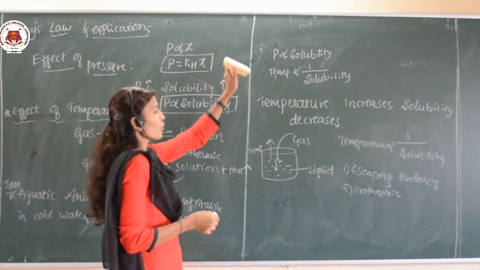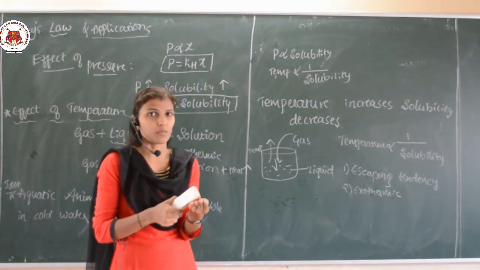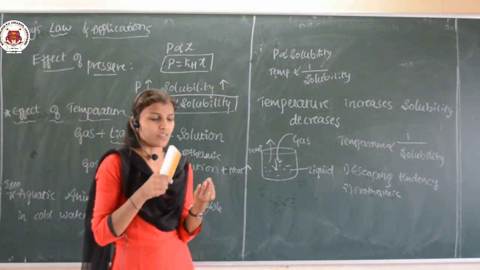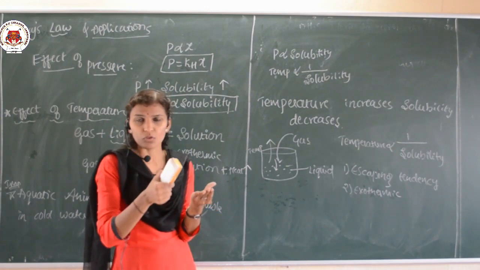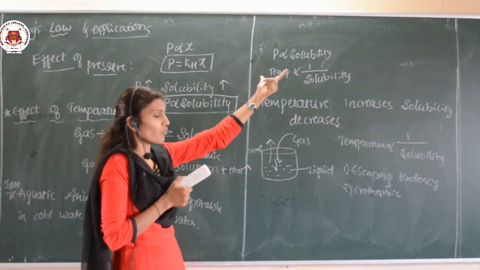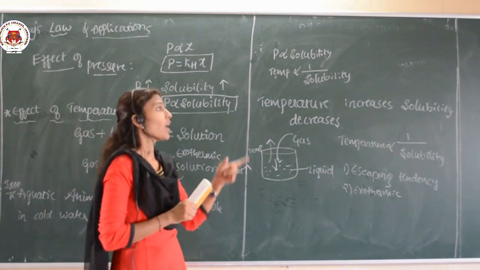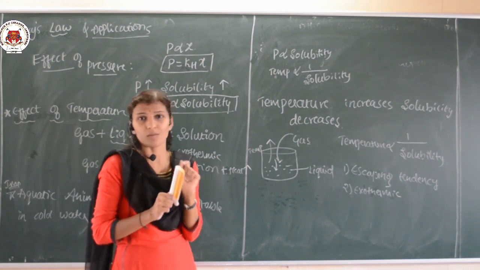So these are the two important things you need to know. Whatever Henry's law is important: the statement, plus the mathematical expression, plus how KH and solubility are interlinked with each other, and then what is the effect of pressure on the solubility and what is the effect of temperature on solubility is very important.